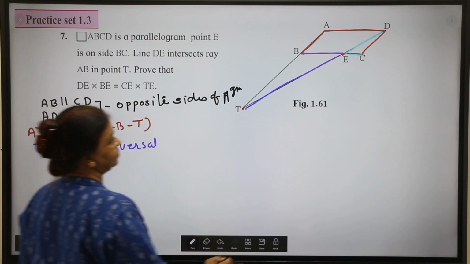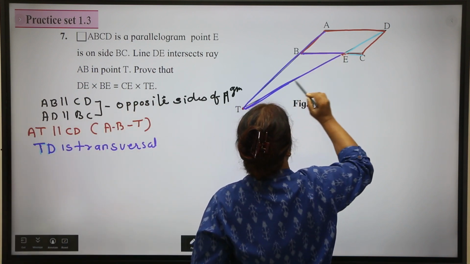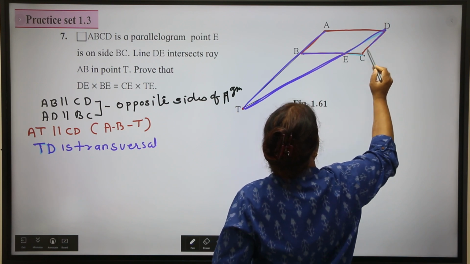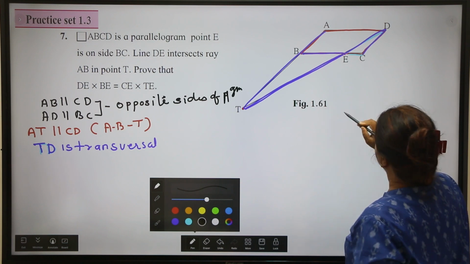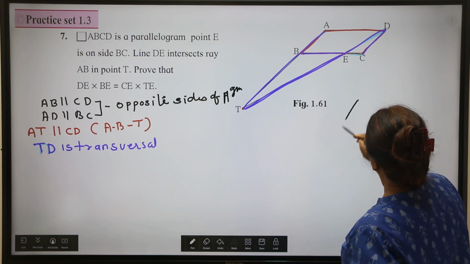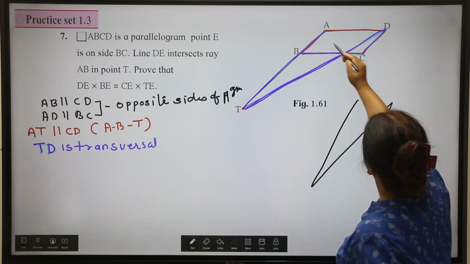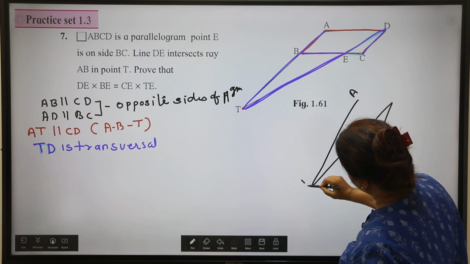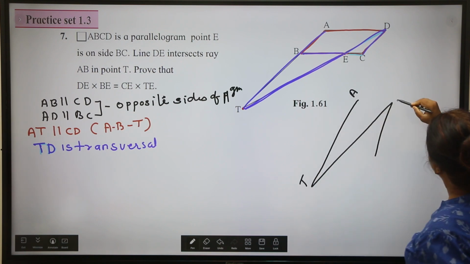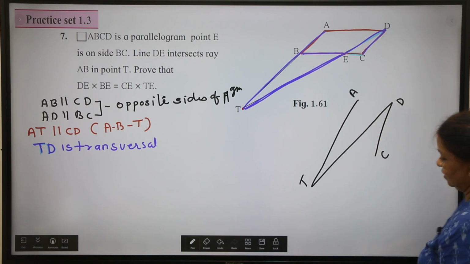See, coming or not, the Z? So we can draw this Z. Yes. So this is AT parallel to DC, and what is the transversal?